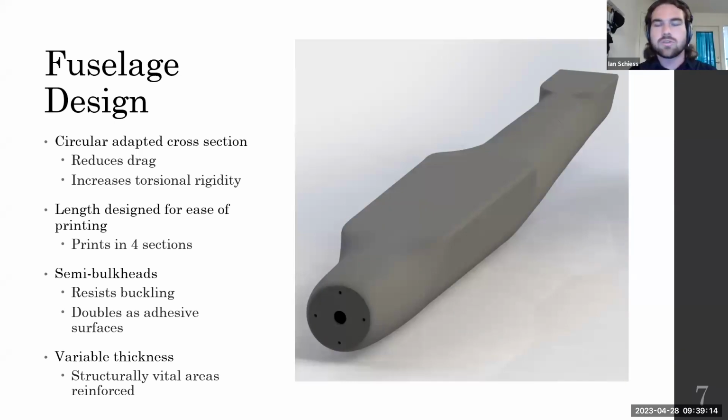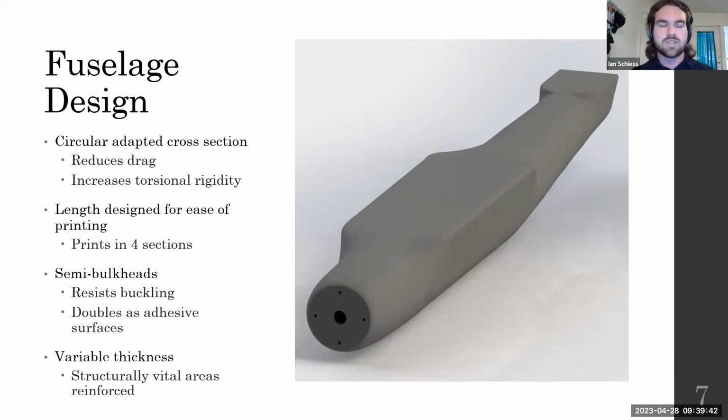So now under our fuselage design, we had a few design priorities here. We wanted to be lightweight and strong enough to resist all of the bending and torsional loads during flight. For this, we considered a circular cross-section, as it is more aerodynamically efficient and also is stronger in torsion. Our length we designed for ease of printing, so not too long.